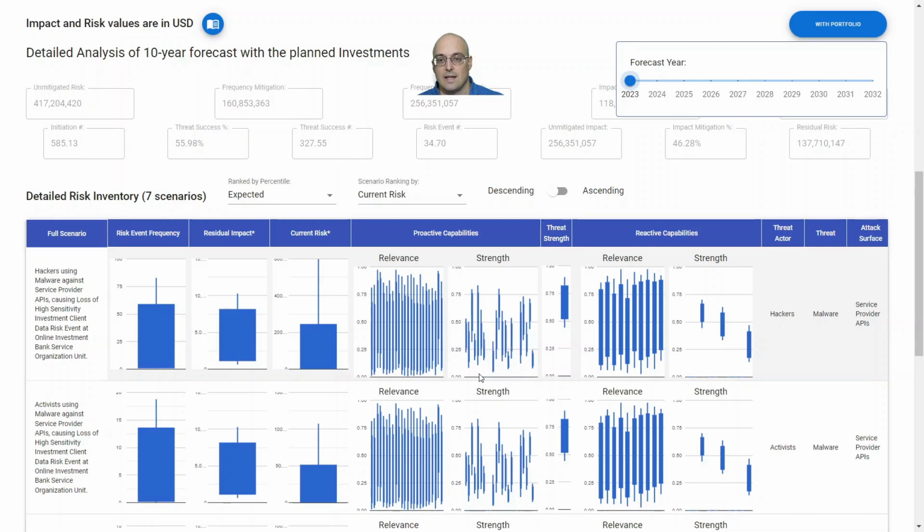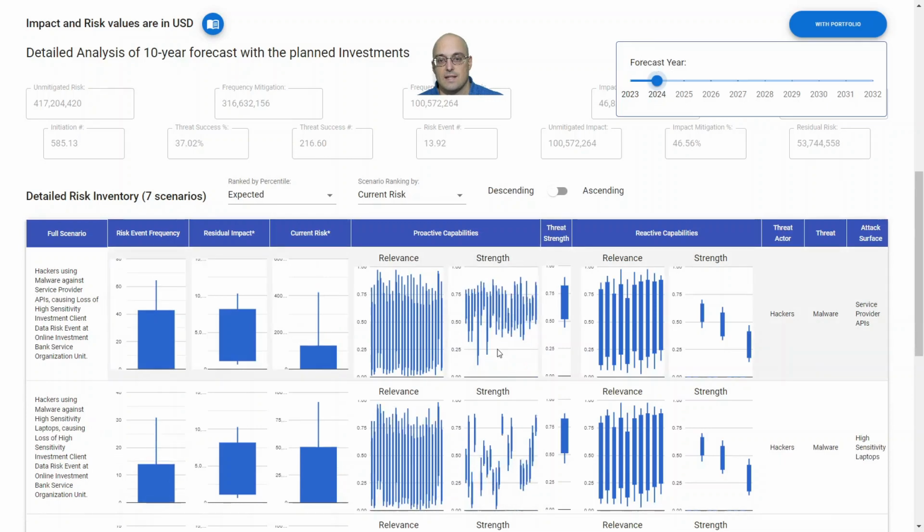You can see the current strengths of the relevant proactive capabilities when hackers use malware against the service provider API. That causes the high sensitivity investment client data risk event. As we execute the first investments, that increases the proactive capabilities strengths, getting closer to the strengths of the threat, and that mitigates a significant portion of the frequency side of the risk.